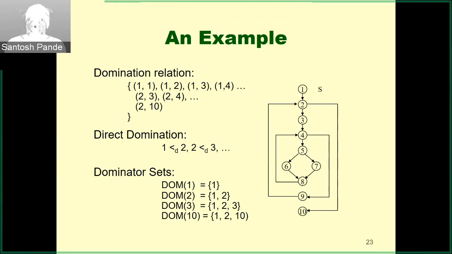So all the nodes which have in-degree 1, such as 6 or 7, their predecessors must dominate them. Otherwise, the control will never come to them. And therefore, 6's dominator is proclaimed as 6 and 5. 7's dominator is proclaimed as 7 and 5. So at this point, now we have fixed 6's dominator as 6 and 5, 7's dominator as 7 and 5.